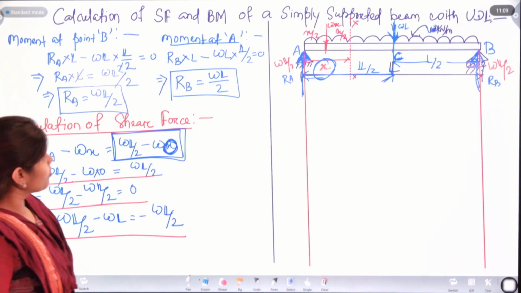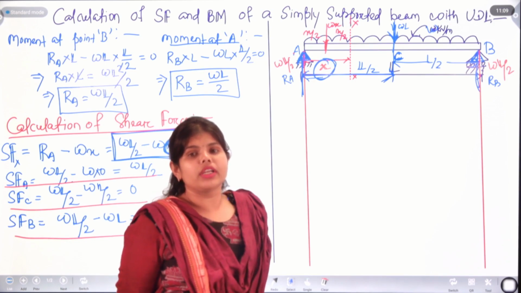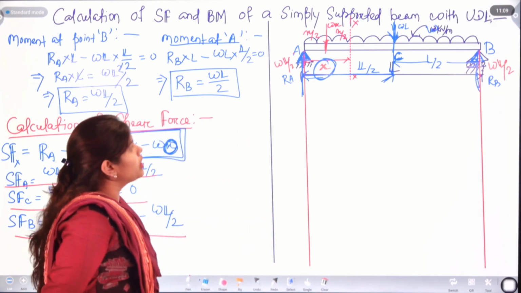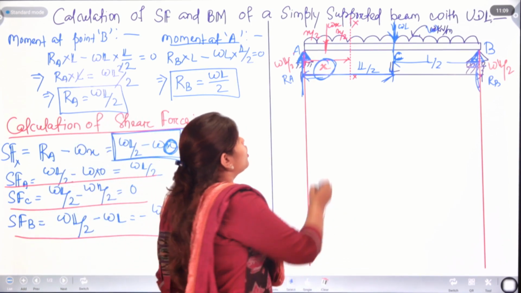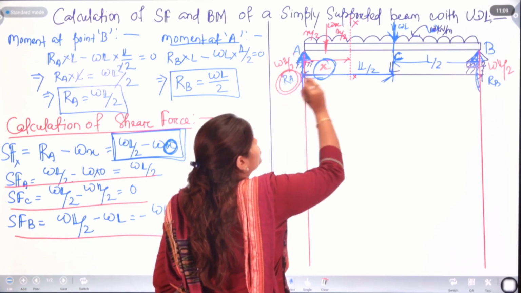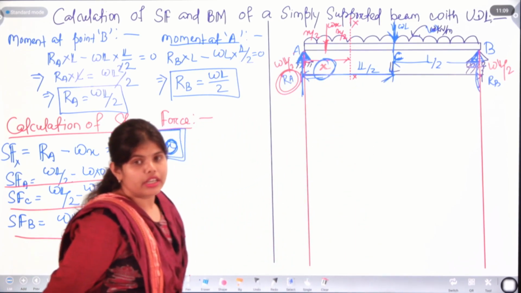So here we know when we are calculating bending moment, we are just doing what? Multiplying force with the distance, right?